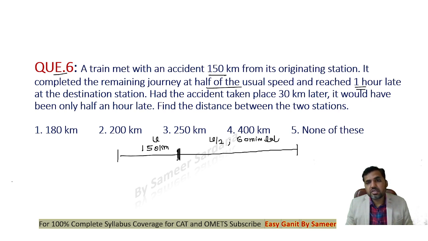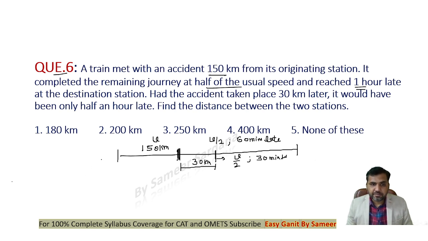Had the accident taken place 30 kilometer later, it would have been only half an hour late. That means after this point, if the train traveled at v by 2, the train is only 30 minutes late. Find the distance between the two stations.